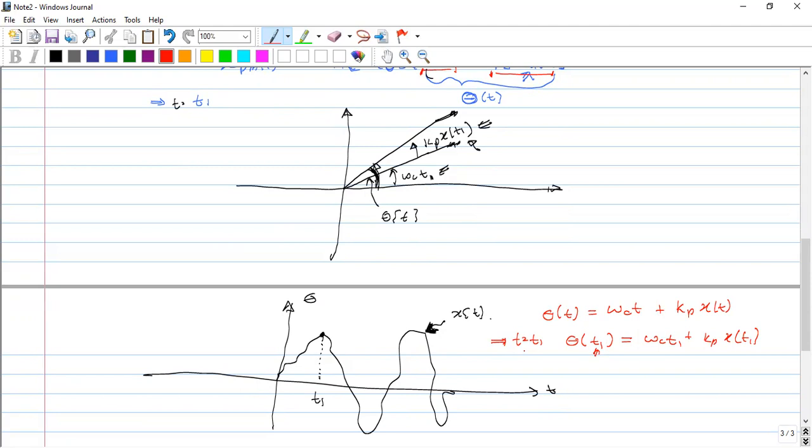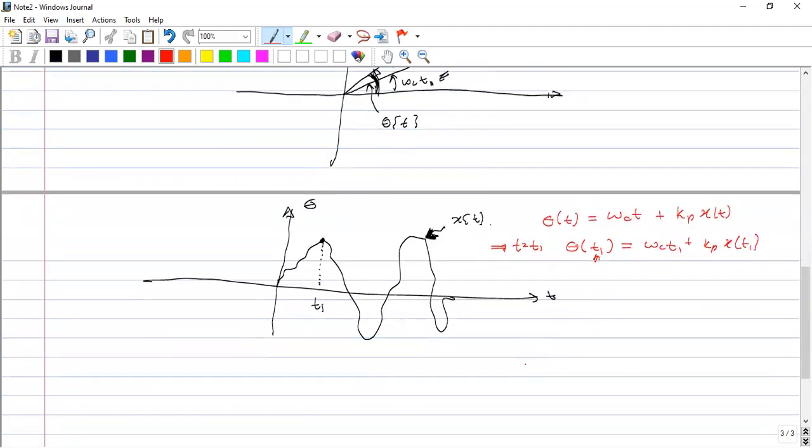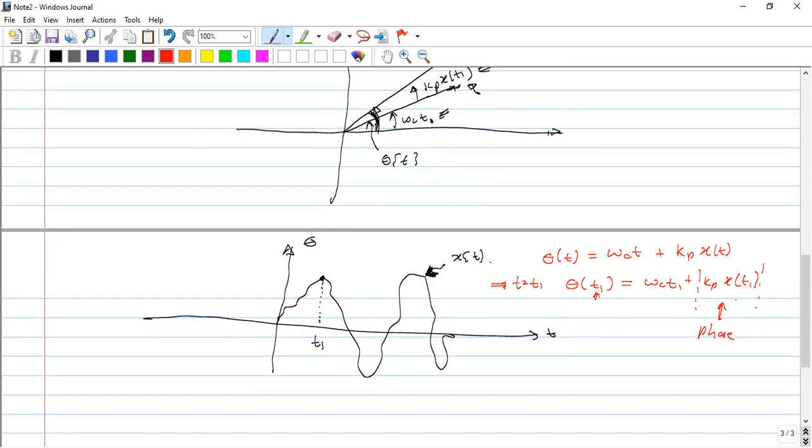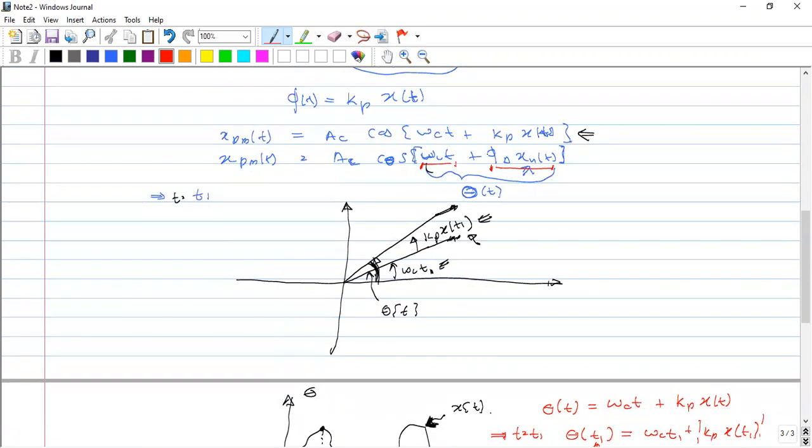Normally this is the total angle, and this part is considered as the phase of the signal. This part is normally referred to as the phase of this complete signal.